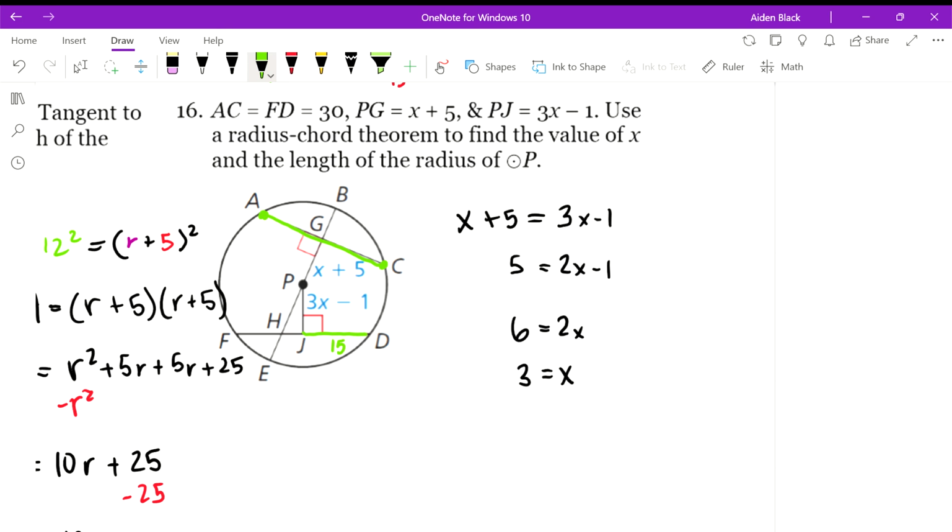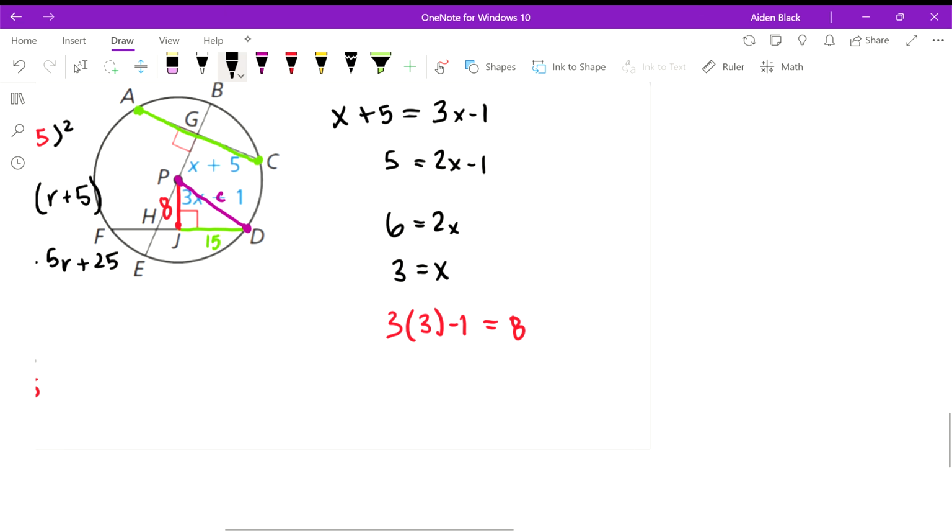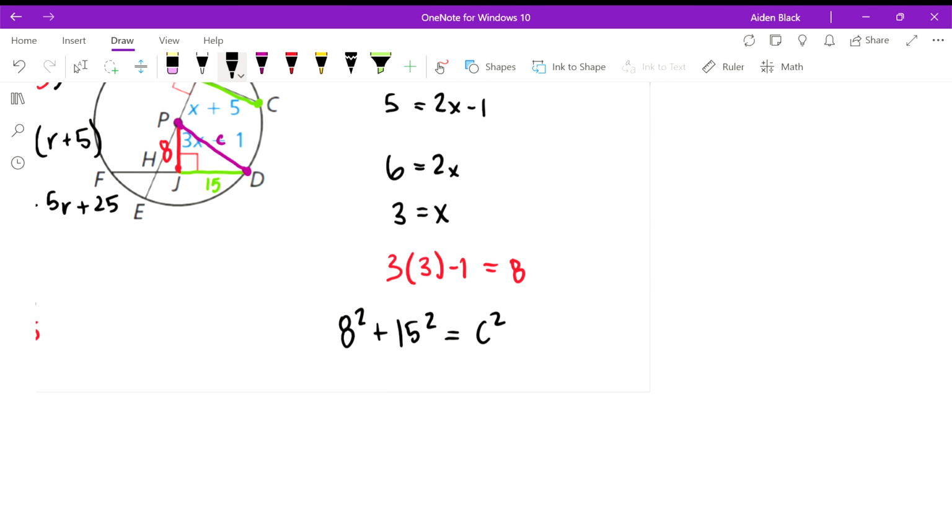If this is 15, and we know that PJ is 3 times x, which is 3, minus 1, then we get 9 minus 1, which is 8. So this value is 8, and therefore we can find the radius of P, because that would be the hypotenuse on this right triangle we're looking at. So we'll just call this c. From here, you guys should know 8 squared plus 15 squared equals c squared. You can evaluate it from there.